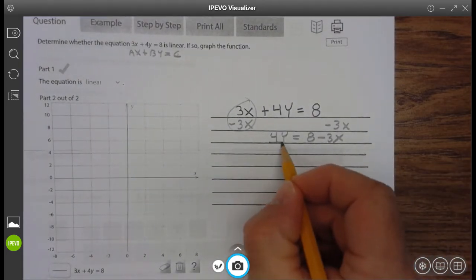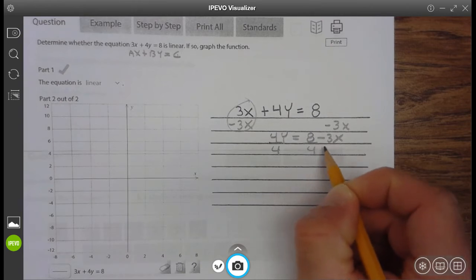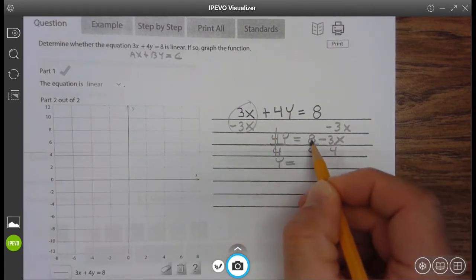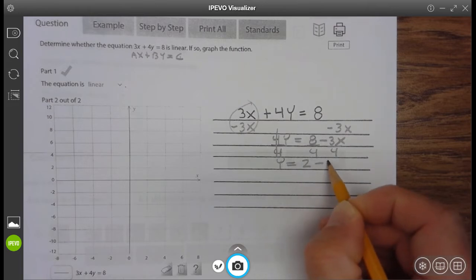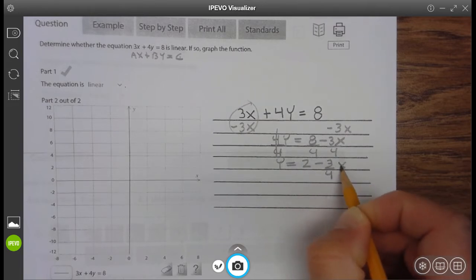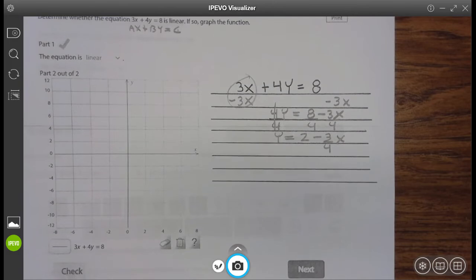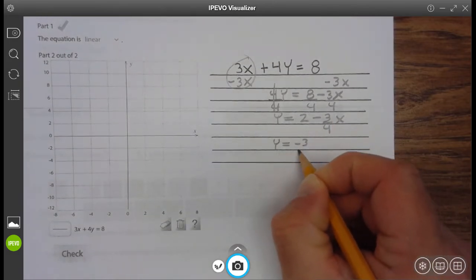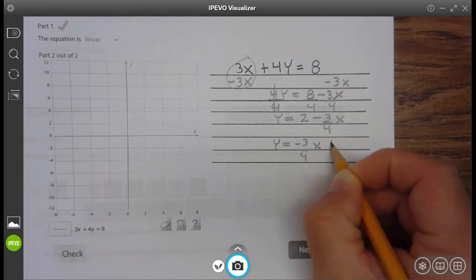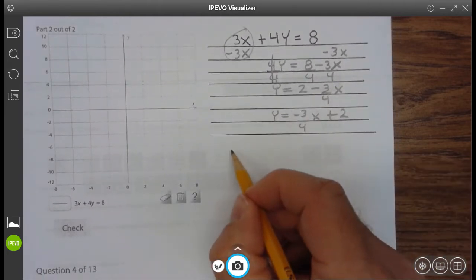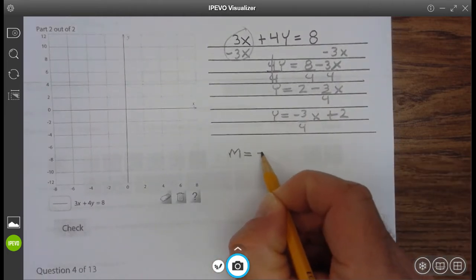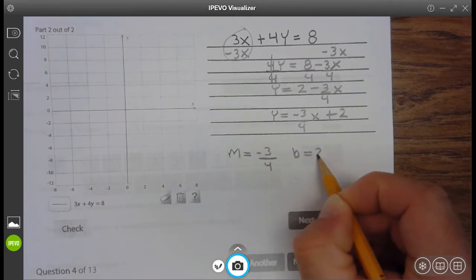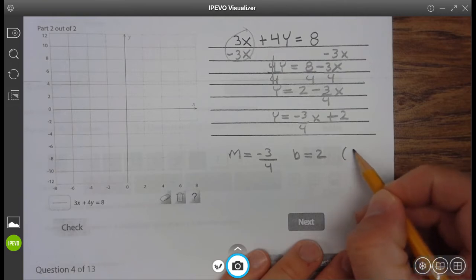We're going to divide everything by 4. 4 divided by 4 is 1, so you have y equals 8 divided by 4 is 2 minus 3/4 x. Okay, we're going to rewrite this in slope-intercept form, so that's y equals negative 3/4 x plus 2, where m equals negative 3 divided by 4, b equals 2, so the y-intercept is 0, 2.